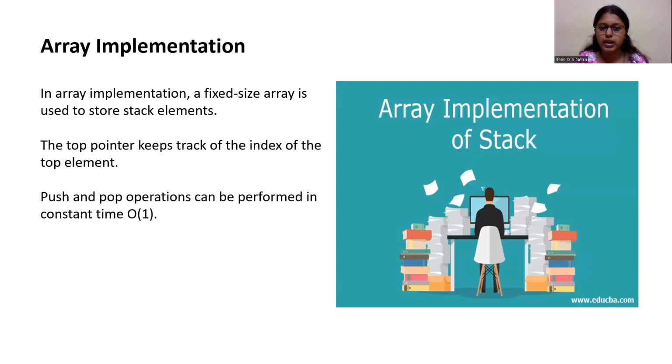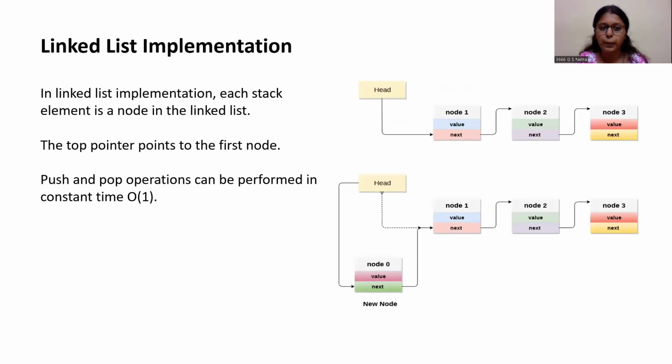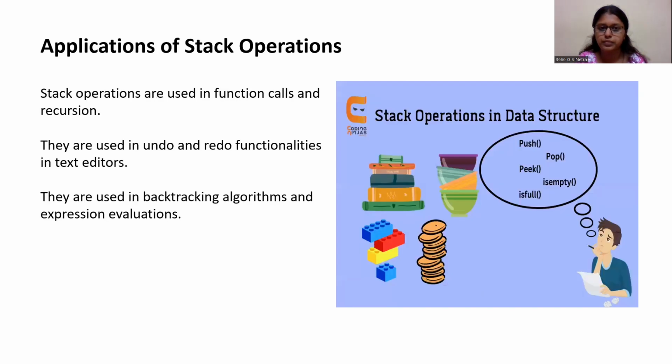The top pointer keeps track of the index of the top element. Push and pop operations can be performed in constant time, O(1). Linked list implementation: in linked list implementation, each stack element is a node in the linked list. The top pointer points to the first node. Push and pop operations can be performed in constant time.